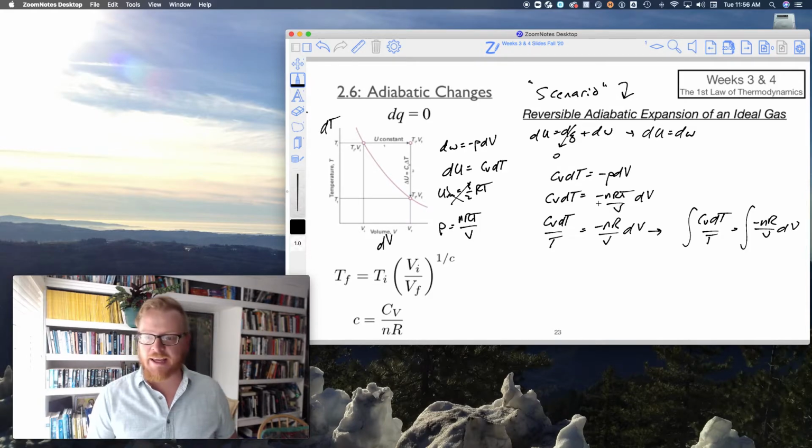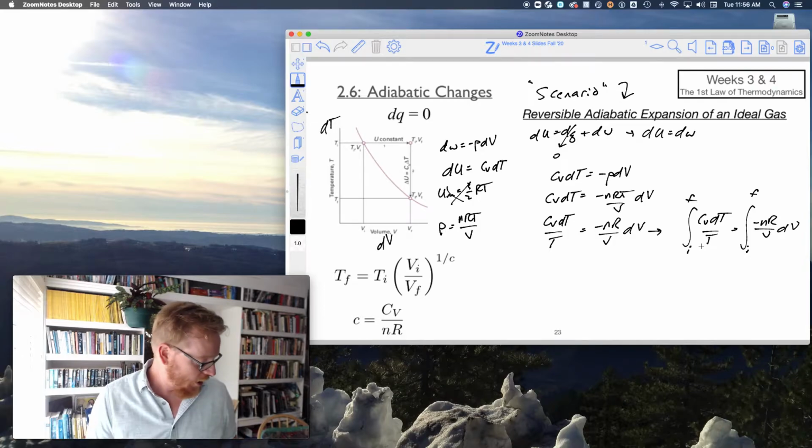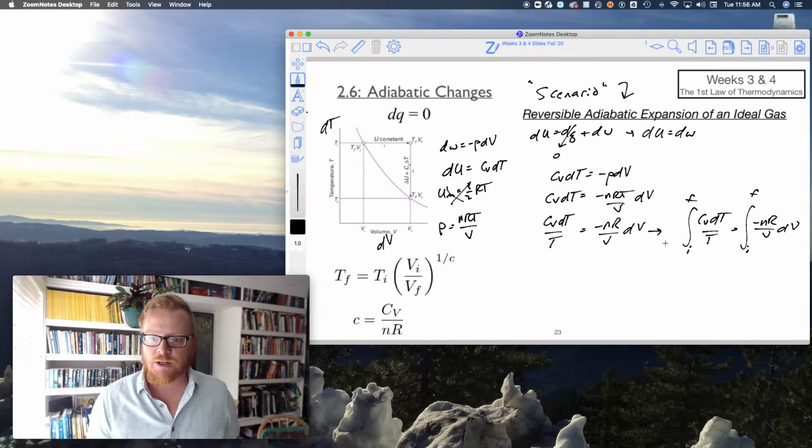And of course I'm integrating from I to F, and we recognize that this would be Ti to Tf, and this would be Vi to Vf, okay? So dT over T gives me natural log. And the constant CV, we'll just assume that it's constant over this temperature range, okay?